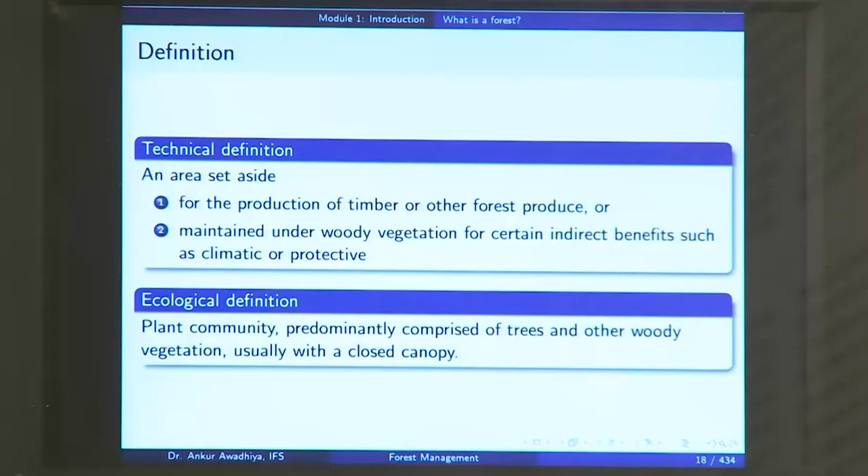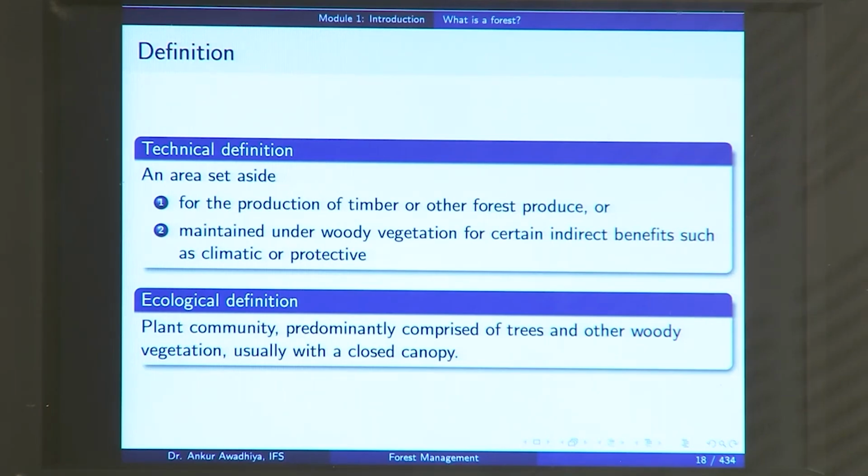That could be another use of a forest, or it could be there for some other ecological benefits. So, in this technical definition you have an area that is set aside either for direct benefits or for indirect benefits. This is a utilitarian, technical definition of a forest.